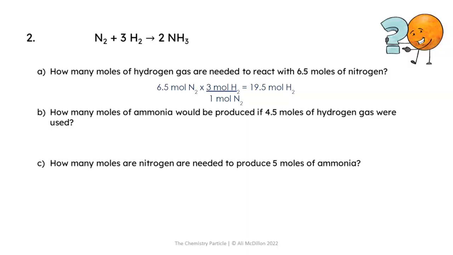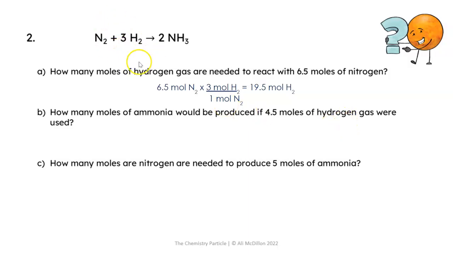All right, so B says how many moles of ammonia would be produced if 4.5 moles of hydrogen gas were used? And again, ammonia is NH3, so it's asking about NH3. So again, we're going to start with what we know, which is 4.5 moles of hydrogen gas, and we're going to set this up to do our mole ratio. So we need to know how many moles of hydrogen are there for every mole of NH3, and it's going to be a 1 to 2 ratio. We're going to put our gas on the bottom. So our 1 will go on the bottom because we want to eliminate our hydrogen.